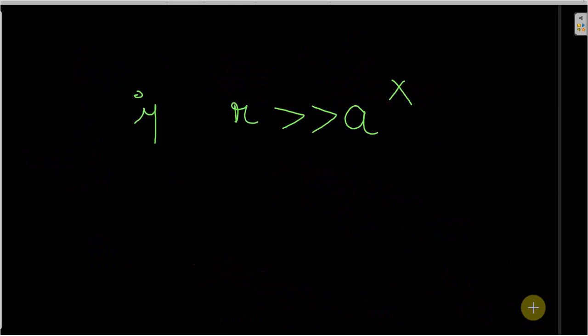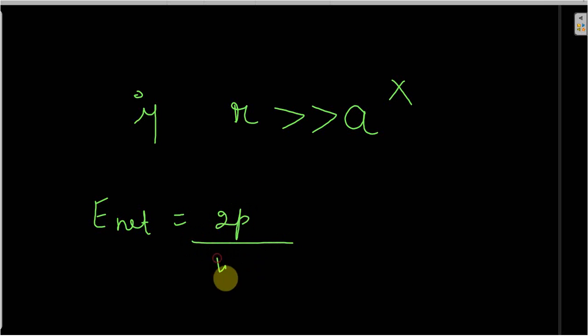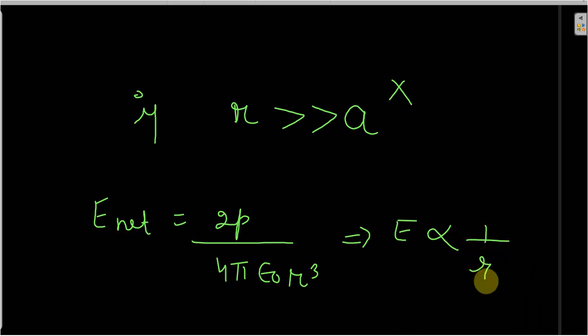So the final E net field will be 2p over 4 pi epsilon naught r cube, which implies the electric field is inversely proportional to r cube.